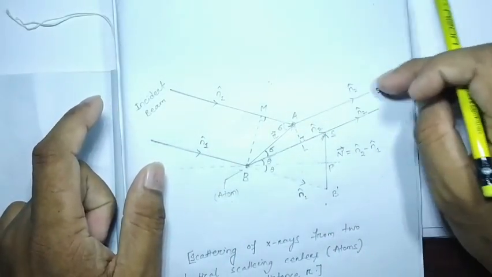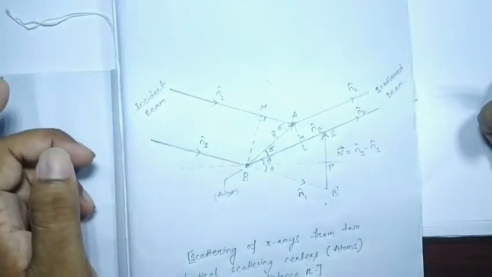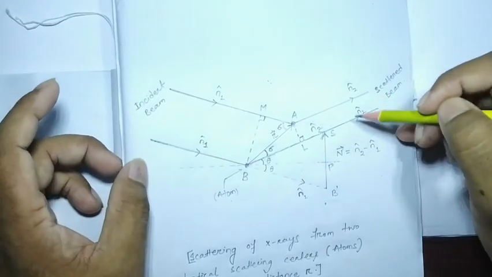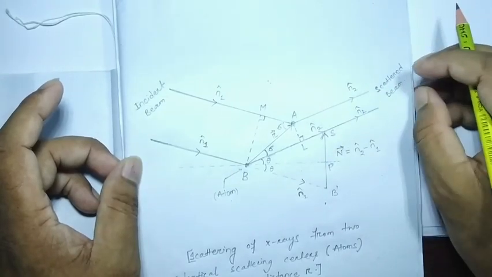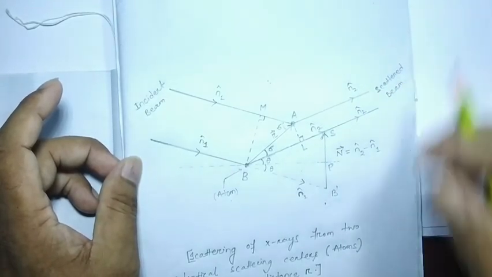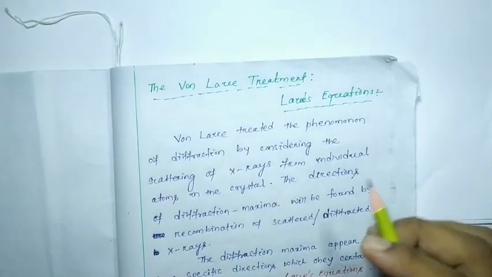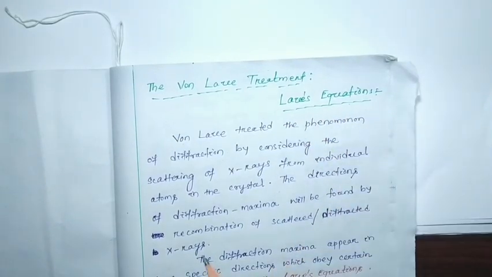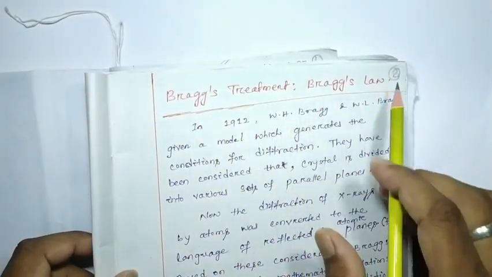What will be the condition for the interference to be maxima, or for constructive interference to happen? If constructive interference happens, then we can get the diffraction pattern. So those conditions are what are called Laue's equations, which we are going to derive. I suggest that all of you go through Bragg's treatment and Bragg's law.